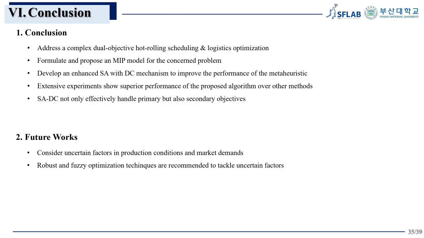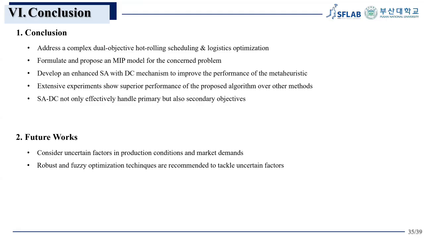For the conclusion, in this study, we address a complex dual objective hot rolling scheduling and logistic optimization problem. We formulate and propose an MIP model for the concerned problem, and then develop the conventional SA with the DC to improve the performance.